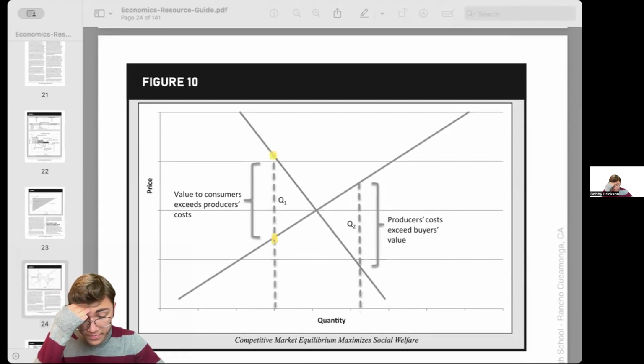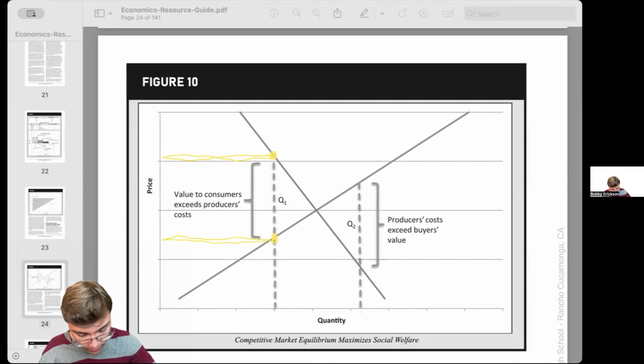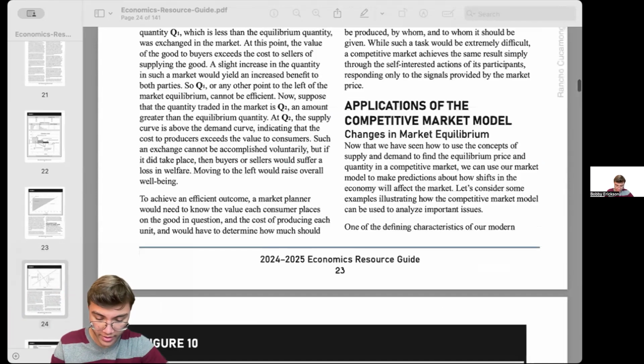And this is how much the consumer is willing to pay. And so the consumer willingness to pay is greater than the producer's opportunity cost.